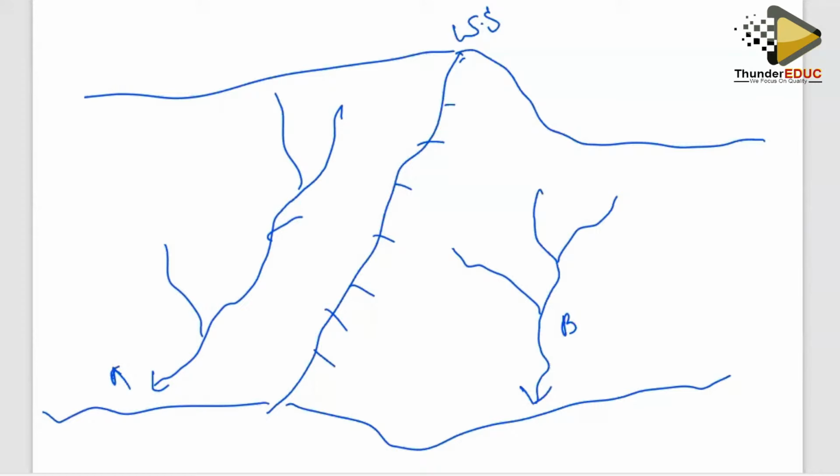Right. So what happens with this process? We are saying this river here is the one which is more energetic, the one which is getting more energy, the one flowing on lower ground. This is on higher ground. So what is going to happen is this tributary here, we're focusing on this.